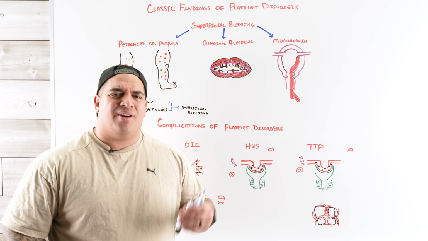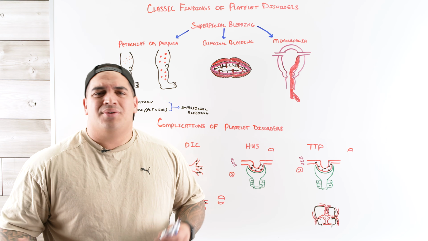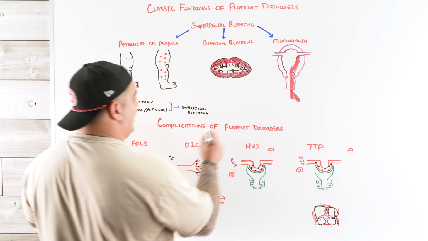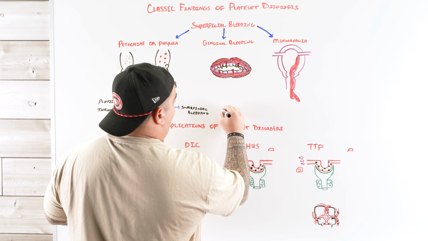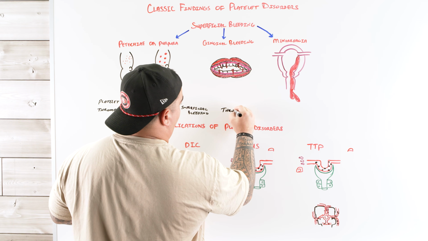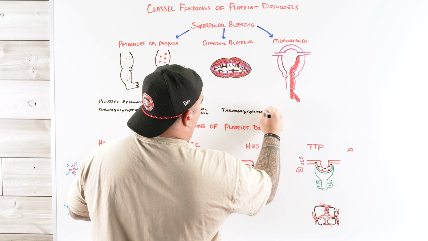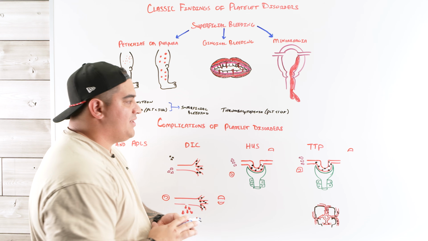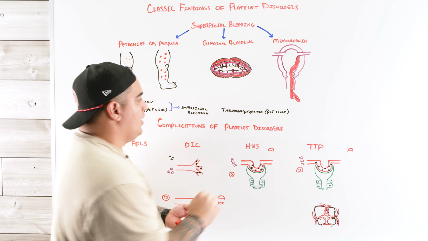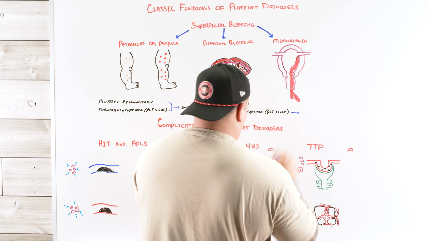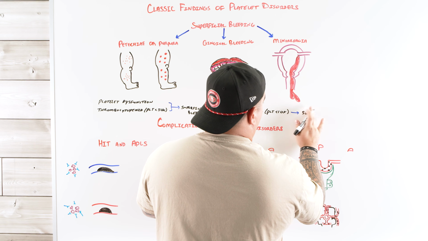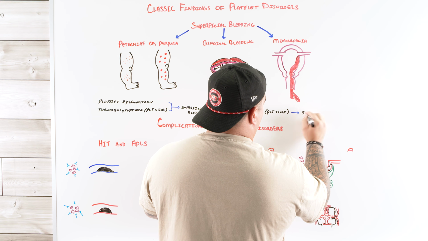Especially with Bernard-Soulier, Glanzmann thrombasthenia, those are very minor superficial bleeding. When platelet counts get to the point where a patient has thrombocytopenia and that platelet count drops to less than 10,000, they run the risk of very severe spontaneous hemorrhage. So then my concern is severe bleeding, and it's usually spontaneous.